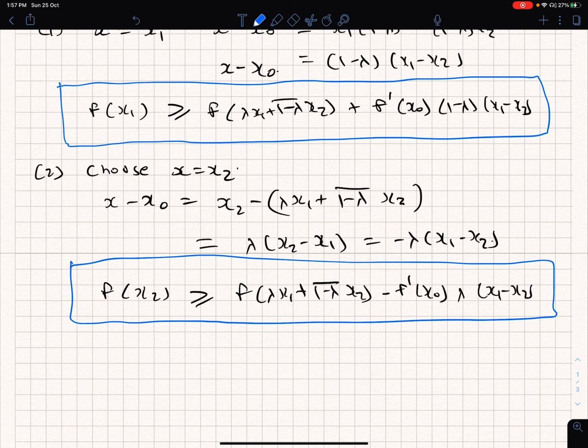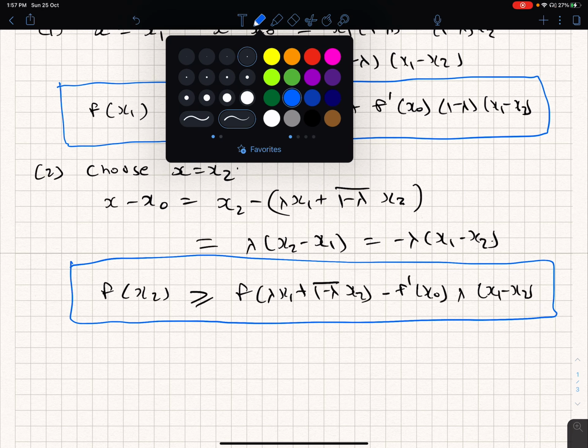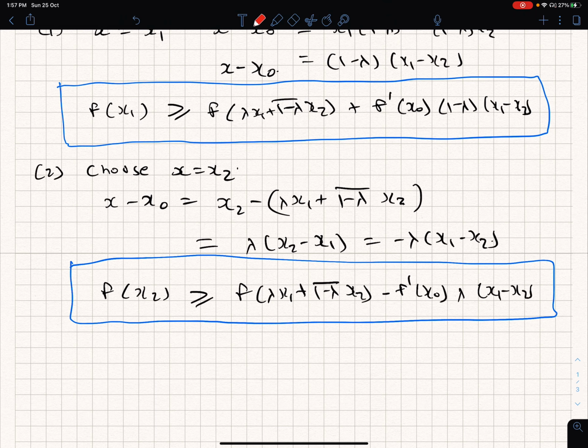Now what I will do is multiply the first equation by lambda, and multiply the second equation by 1 minus lambda. My idea is that the lambda into 1 minus lambda into x1 minus x2 term will cancel with the other such term when I add these two equations, because x naught is the same.